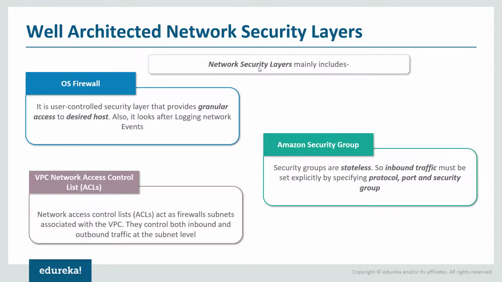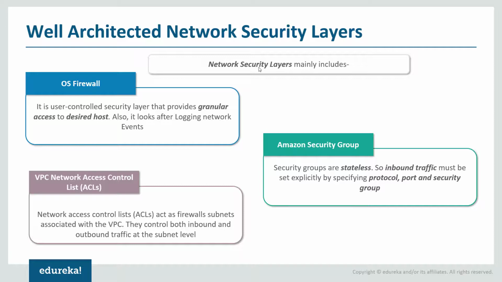But the moment the traffic reaches the EC2 instance, whether to process that traffic or not is dependent upon the operating system firewall. So this way you can have a dual layer security at the entry of the operating system or after entering into the operating system, OS firewall as well as Amazon security group.